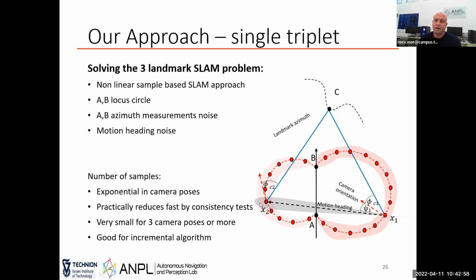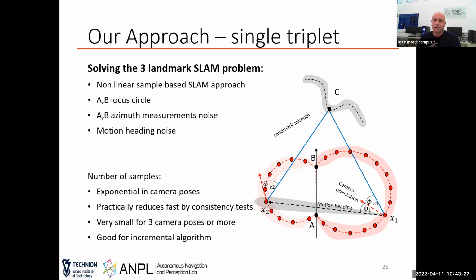And then we take all the combinations of these samples, and then we just triangulate landmark C and get C to be on this curve, which has some thickness now. Okay, this may look like an expensive way to solve this problem.